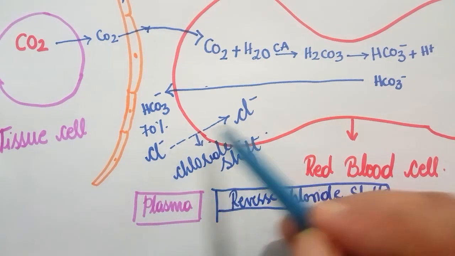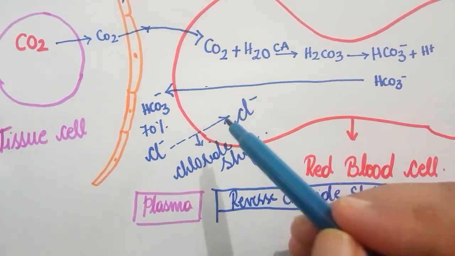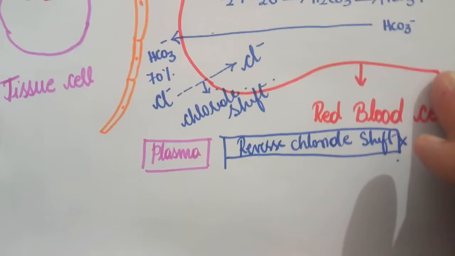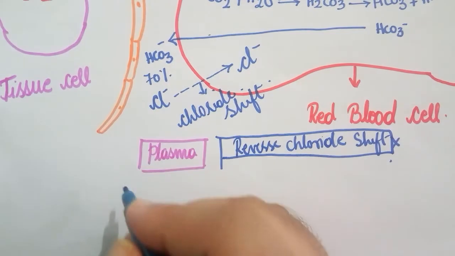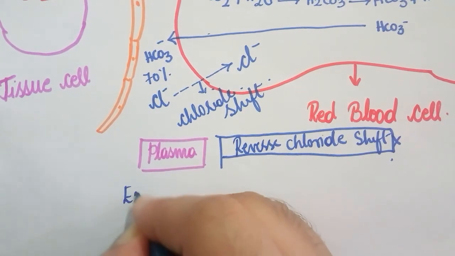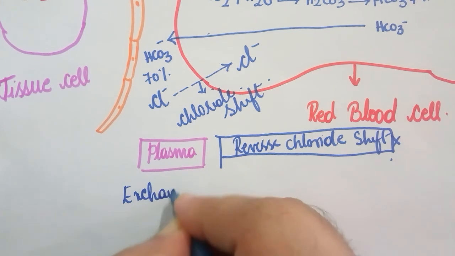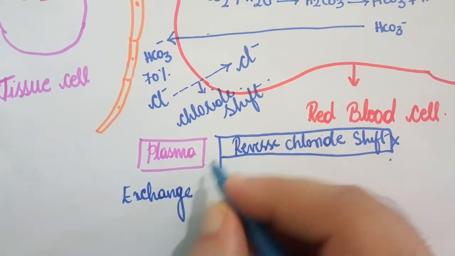So this is chloride shift. How can we define it? I'll just write it here so that you'll remember it. So exchange. What are we exchanging? Bicarbonate is taken out and chloride is given.